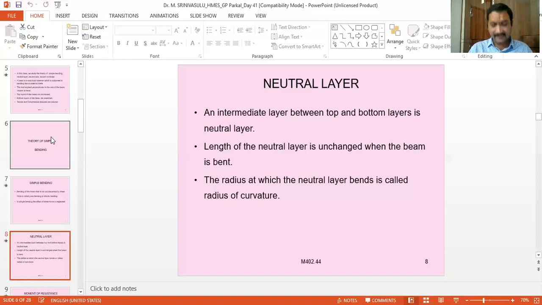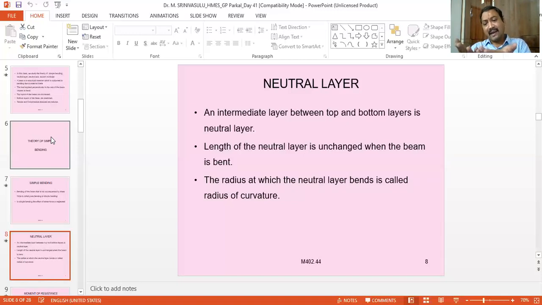So here, what is happening is the top layer is subjected to compression and its length shortens, whereas the bottom layer is subjected to tension and its length increases.